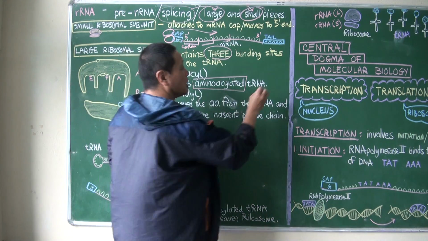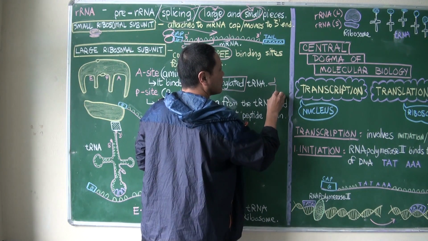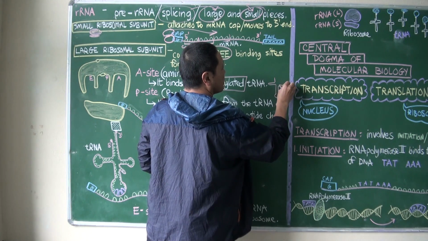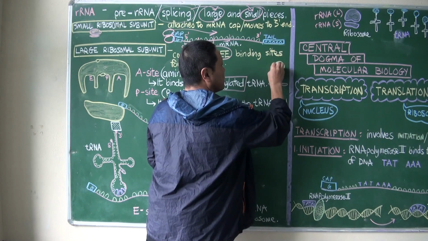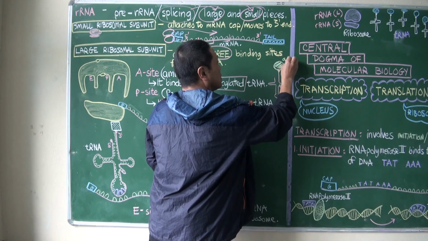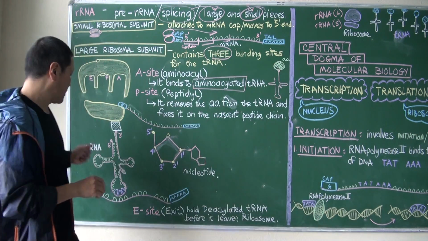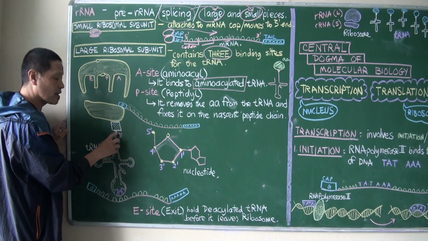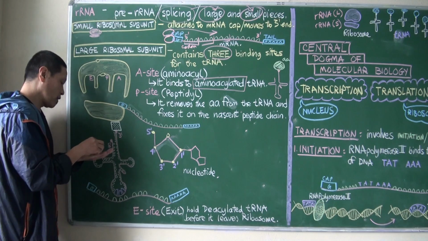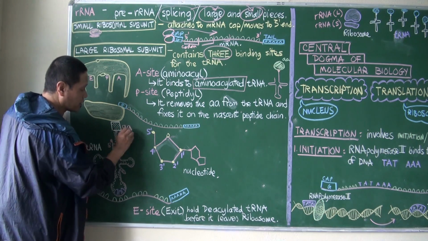What it means is, it's a tRNA which is fixed with an amino acid. So a tRNA has, on its 3' end, a binding site for an amino acid.